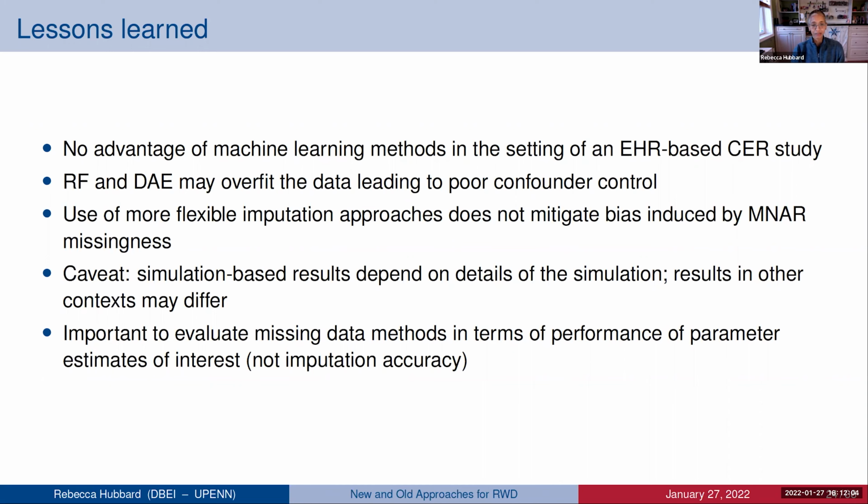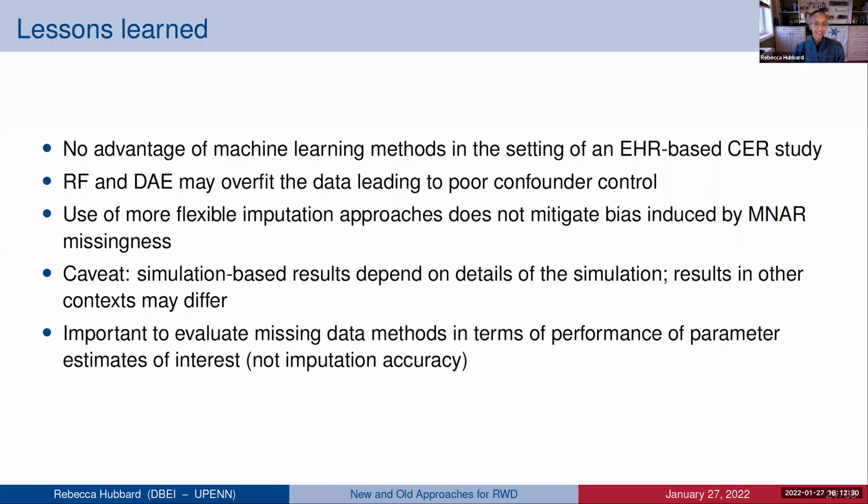The caveats here, of course, being that this is a simulation-based investigation. We specifically designed it to try to make it look like the real oncology EHR setting that we were in. So I think this is certainly informative about what we would expect and how we would expect these methods to perform in other similar Flatiron-based oncology EHR-based studies.